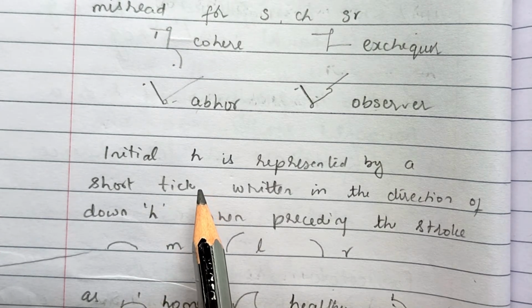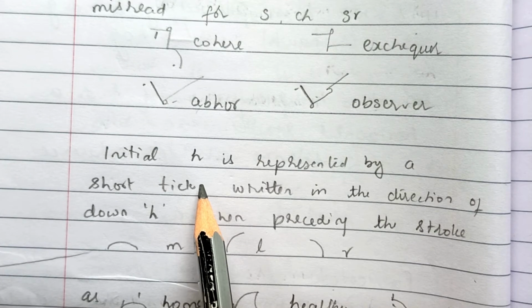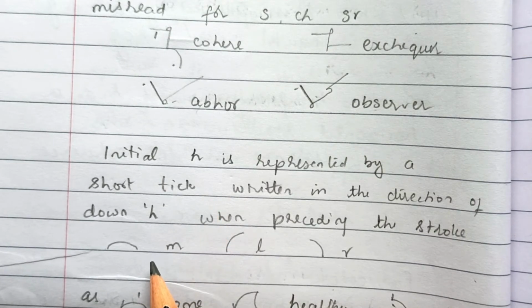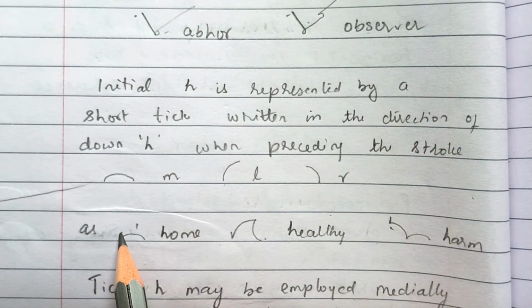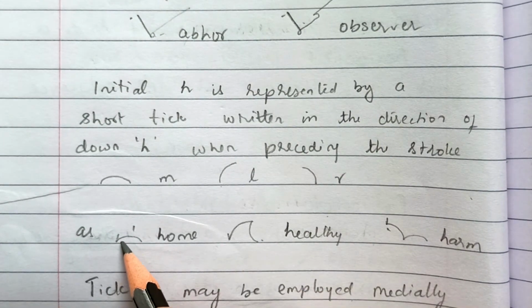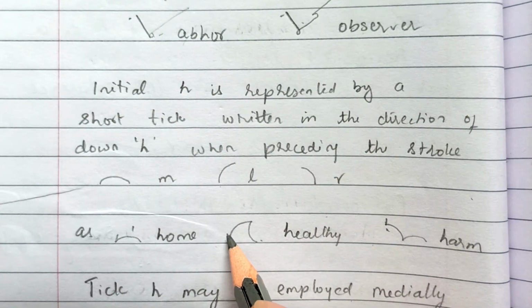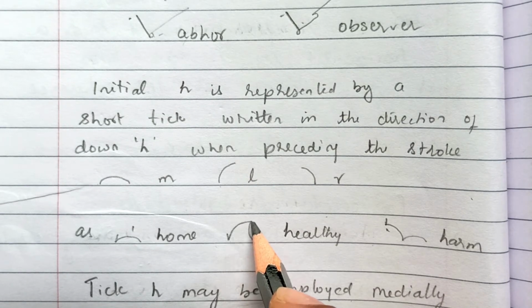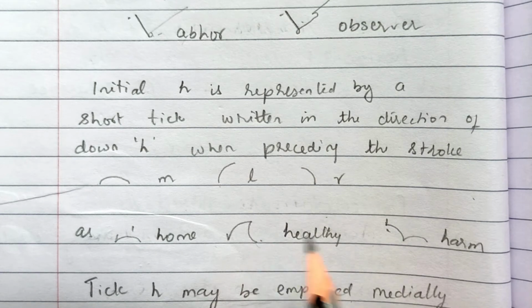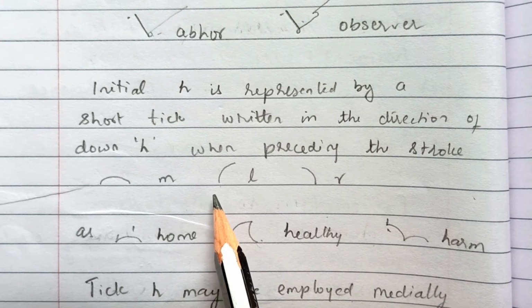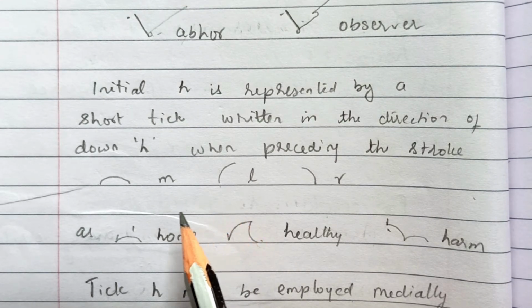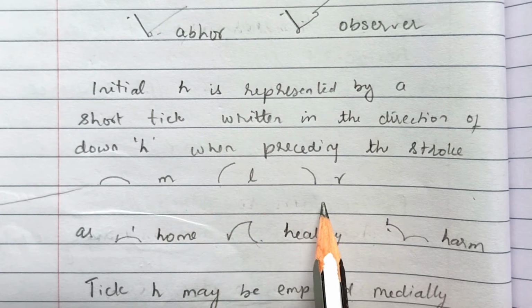So this initial tick again represents the sound of H. And this tick we can use in front of M, L and R. We can show the words home, so here the initial tick of H and M. So home. Again tick H, L, healthy. Then harm. So we can use the tick H in the initial places before M, L and R.